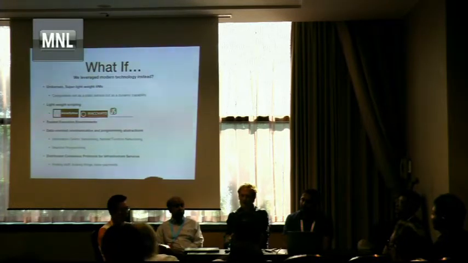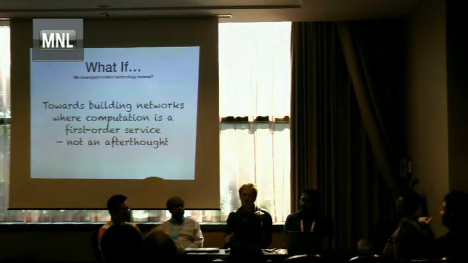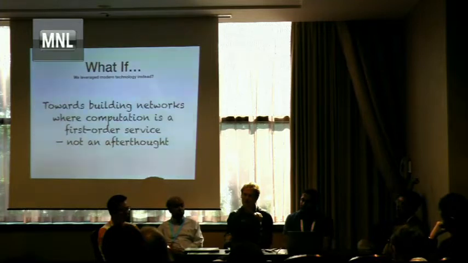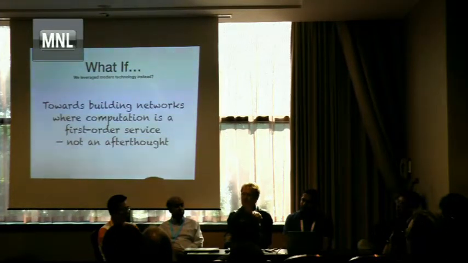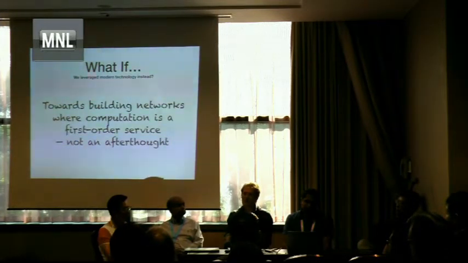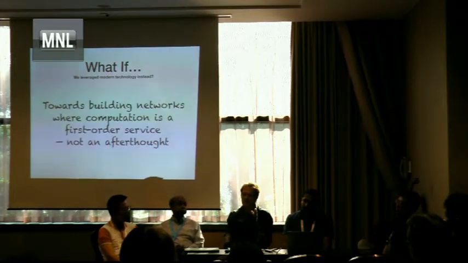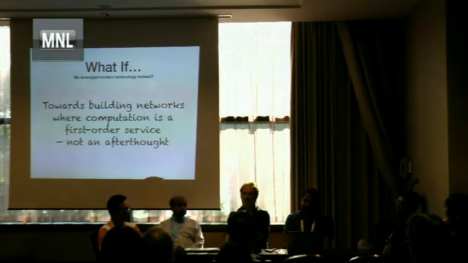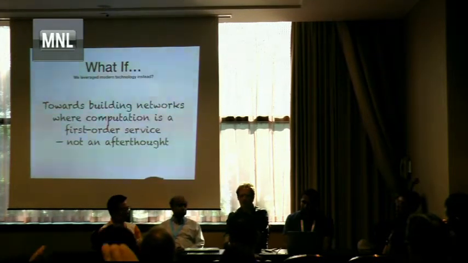So can we use that for building networks where computation is not just added as an afterthought, but really a first-order service or principle? We no longer basically run VMs and use our legacy protocols to connect them.